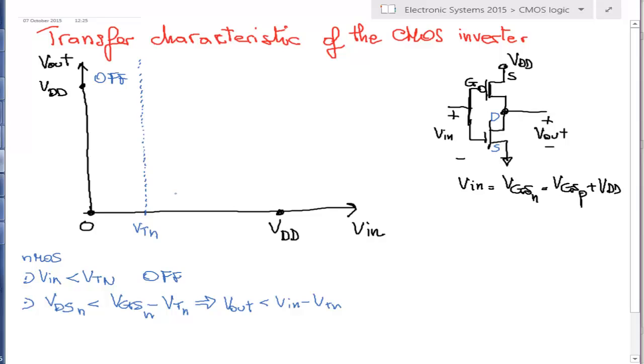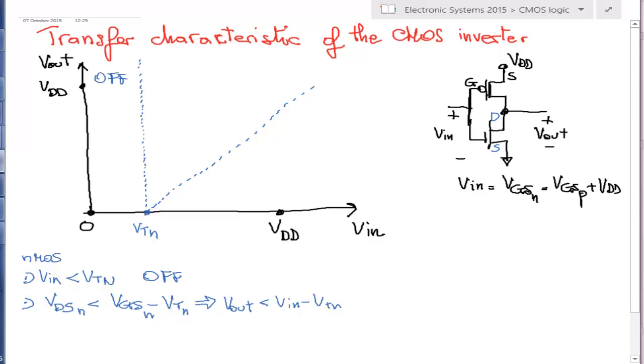So we can draw the line with the equal sign instead of the minus sign. Of course, it is a line which has a slope of 1, and when V in is equal to VTN, has V out equal to 0, so passes through this point, right?